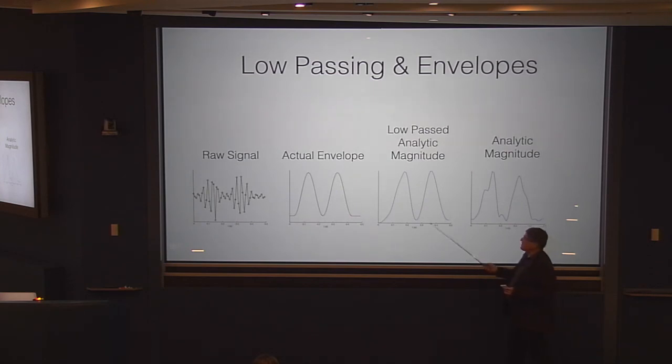You might even say that this is as good as that, and certainly if the brain is doing this stuff, the brain isn't doing Hilberts or half-wave rectification, it's doing whatever it does, but it can still extract an envelope. If you don't low pass it, you get all of this high frequency stuff, and it can get much, much worse even than that. So if you're taking an envelope, please low pass after you take the envelope.